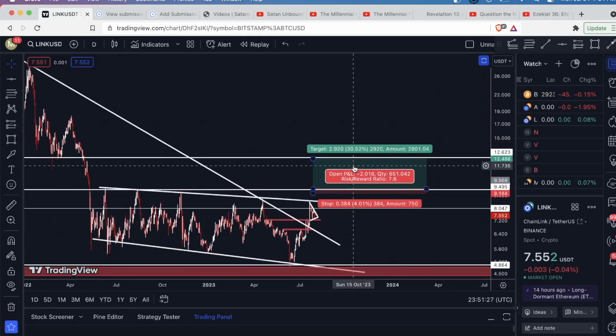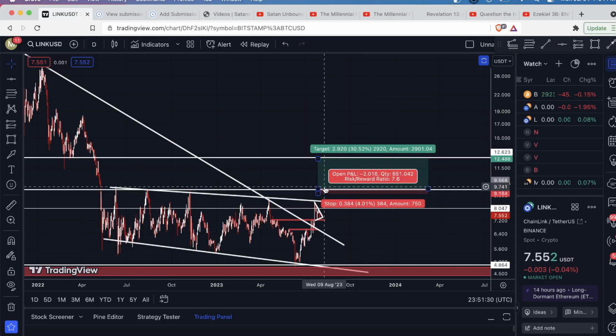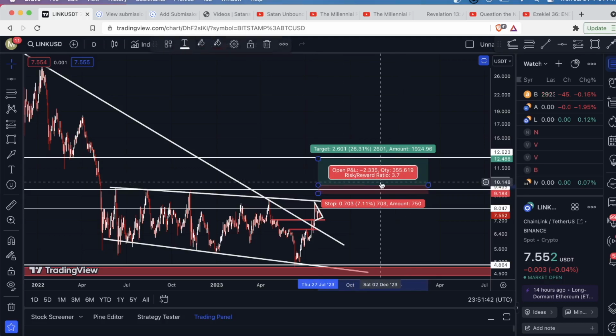I marked out the risk reward ratio if we were to take a trade on a daily candle close above this $9.50 range, maybe a little bit higher than that because we want some bullish price action. So say we entered at $9.88, we place our stop slightly below this previous level of resistance and just hope that it flips to support.